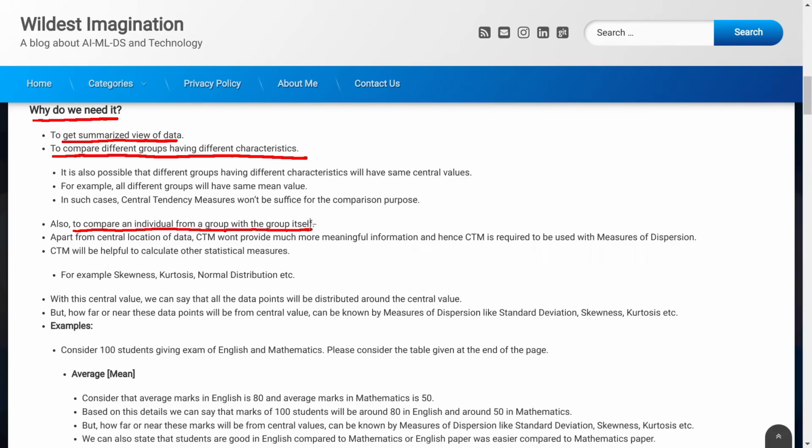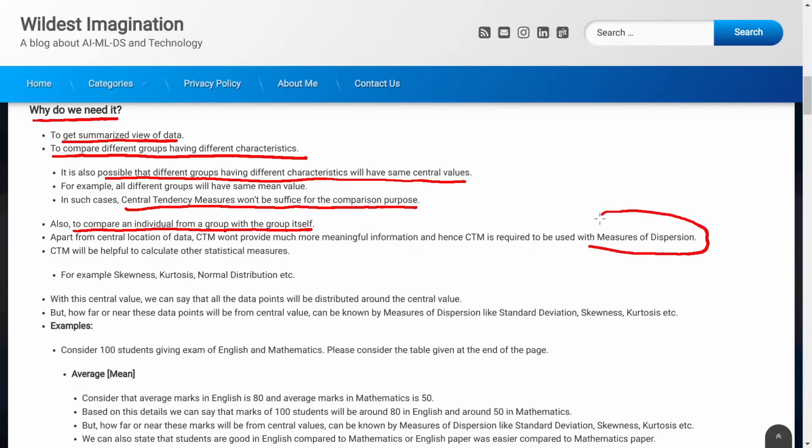Now the question might be, what if two different groups have the same central values? Yes, it is definitely possible that different groups will have the same central values. In such cases, central tendency measures won't suffice for comparison, and we will need measures of dispersion as well.